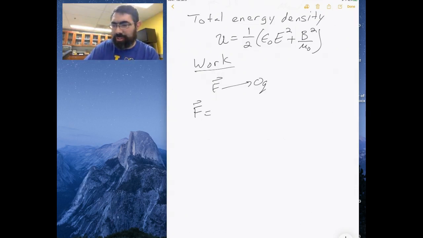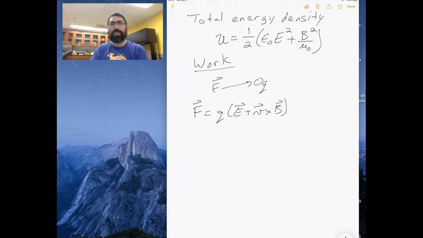We'll use our standard Lorentz force, like so. And then if we want to find the work, then it would have to be over some length. So the work would be the integral of the force over a length dl.